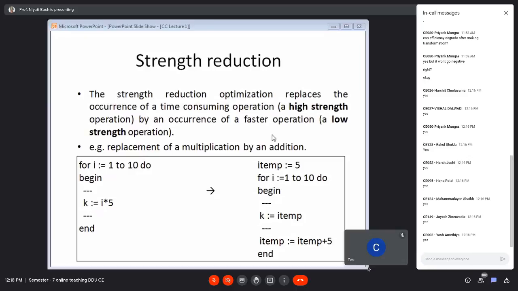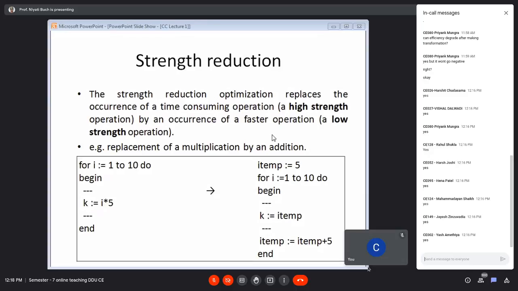So all of you observe the code that we have here. Inside the for loop, we have a variable k that is multiplied by the loop control variable I with the constant value 5. So we are multiplying the value of I with 5, and we are storing it in k.